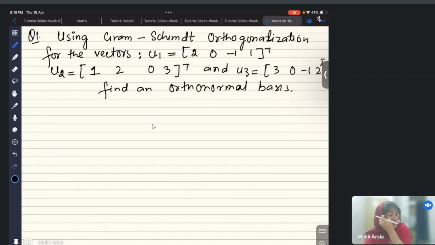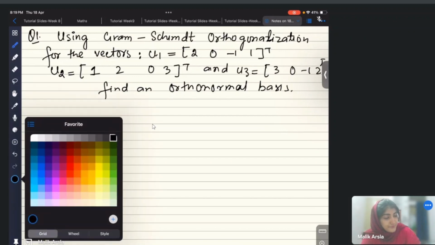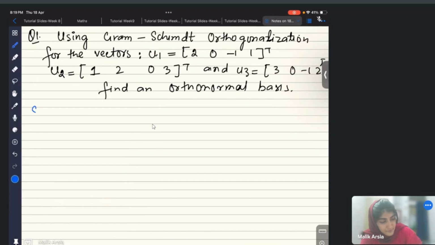So we know the steps for the same. The first step is that we choose any of the vectors, either u1, u2, or u3, and we normalize it first. We make a unit vector.